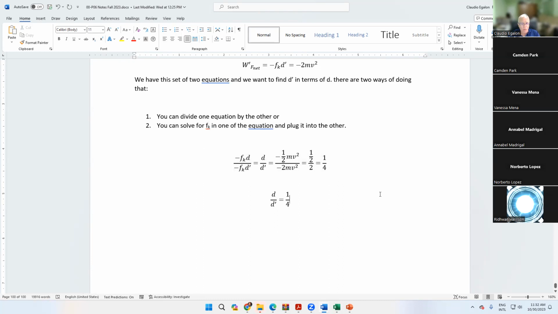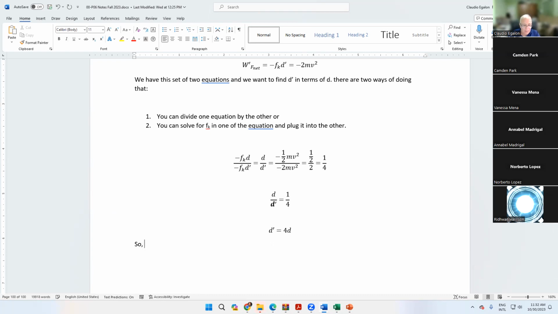And we're almost done. We want to find d prime in terms of d, and d prime is equal to 4 times d.